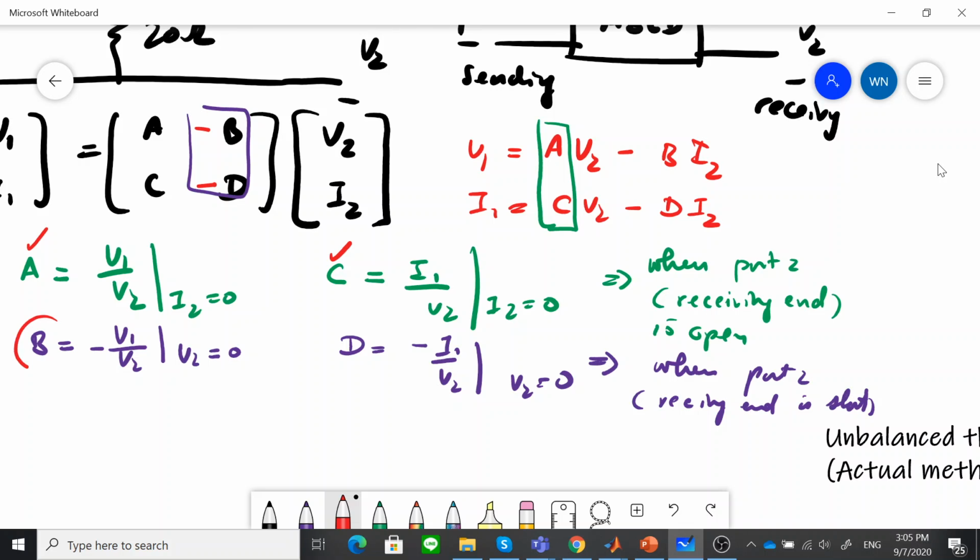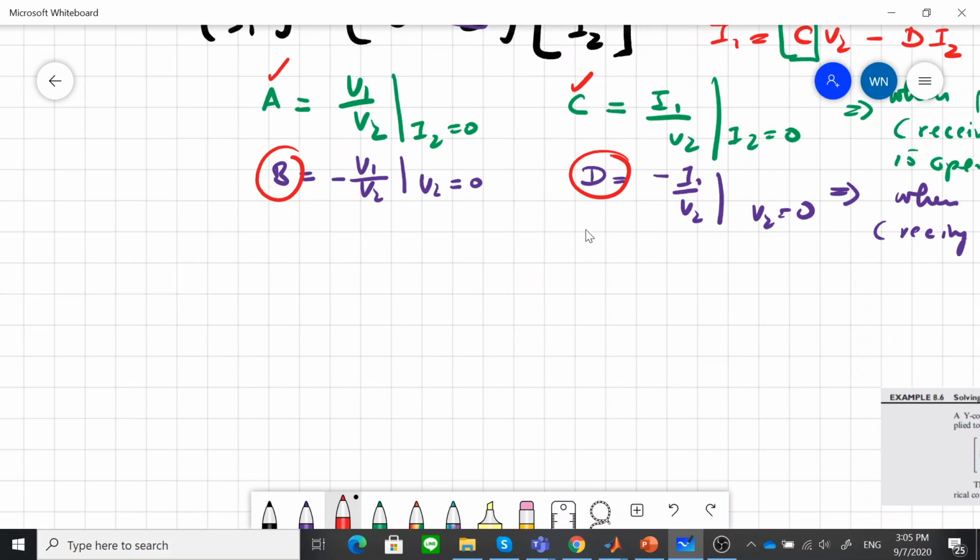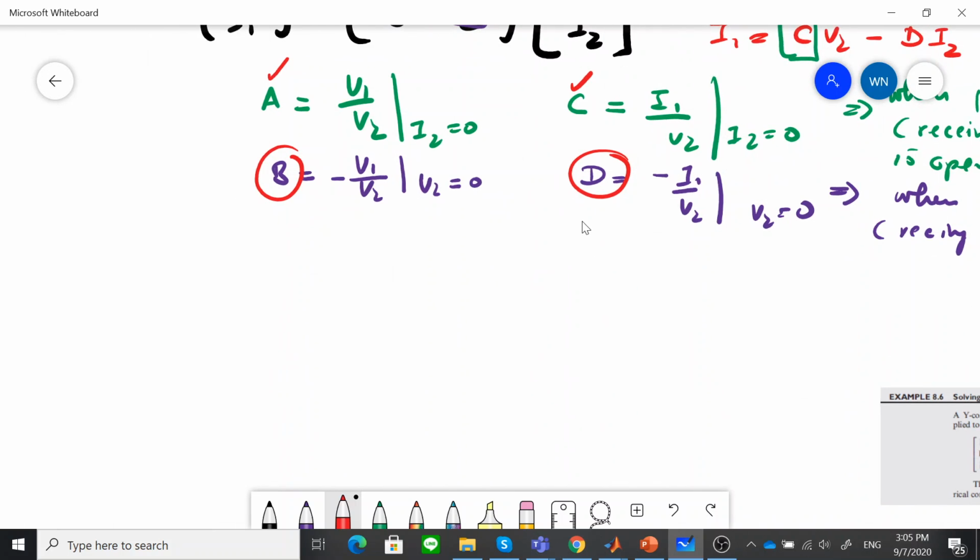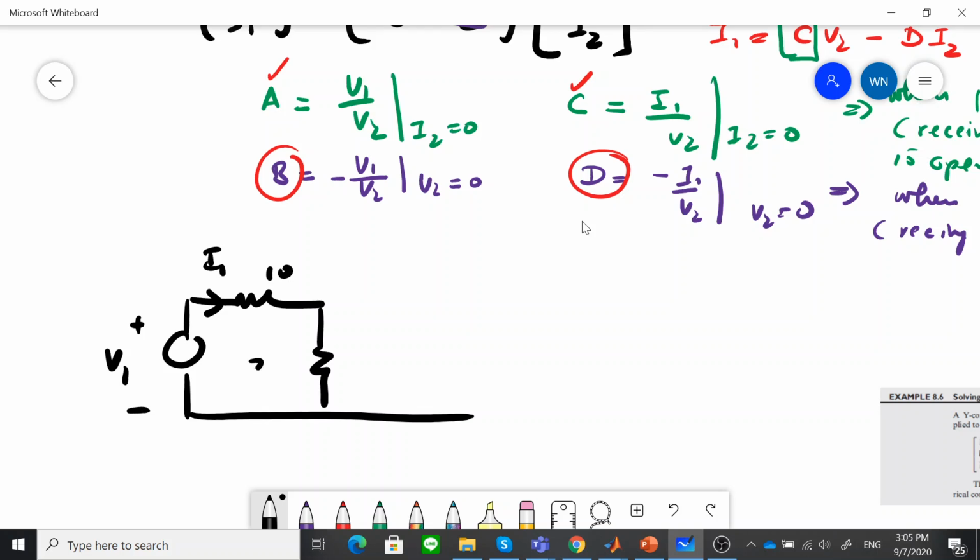Now we are left with B and D. B and D can be computed when the circuit is shorted on the other end. Now I will rewrite. We apply the voltage at V1, because we need to know V1 and I1. I1, 10, 20 ohm, and this is the dependent source 3I1.